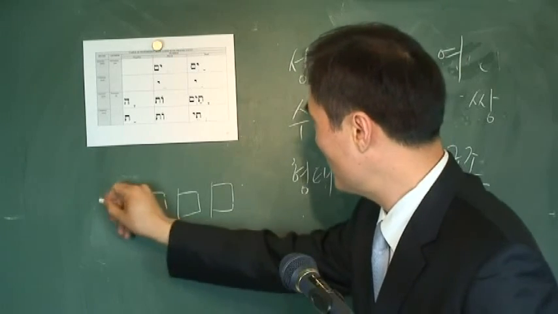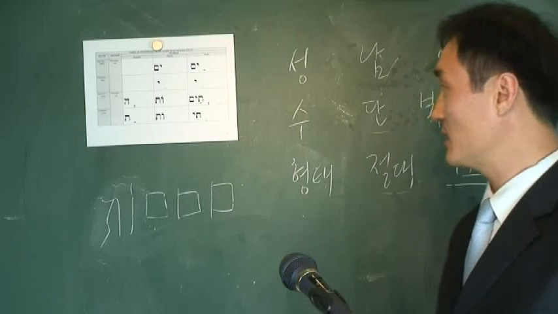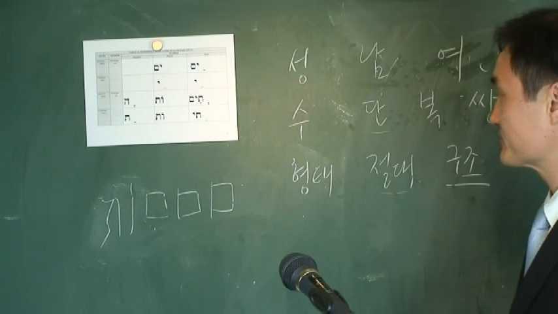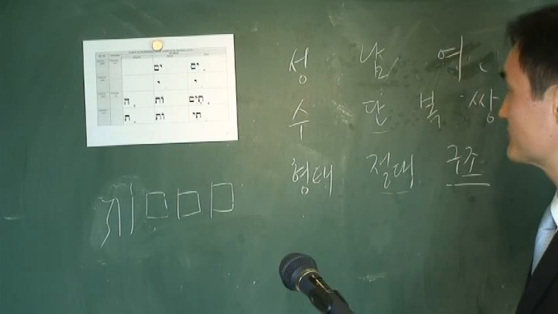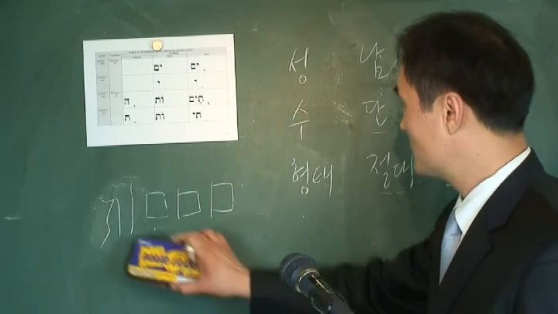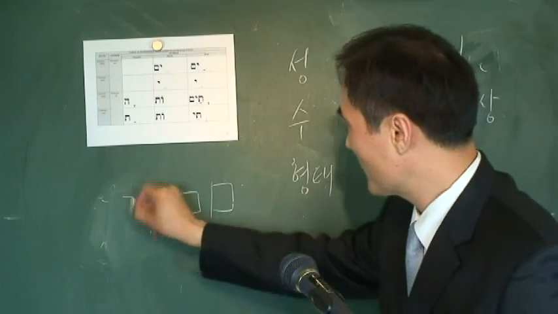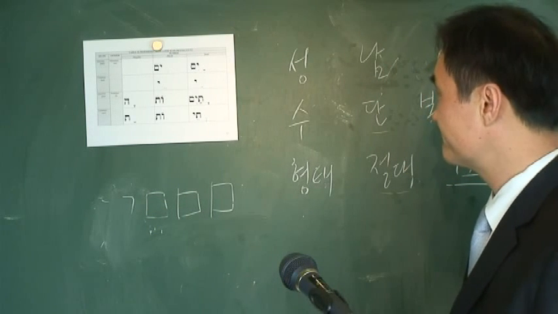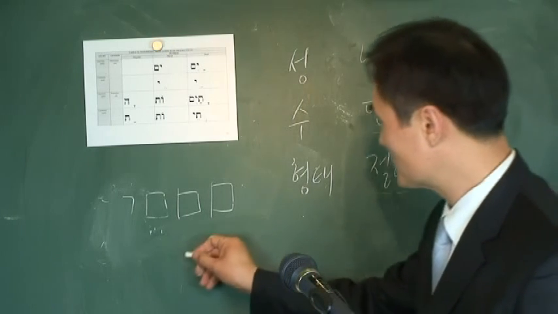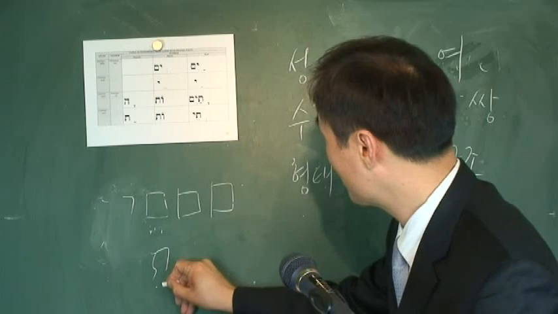Next, the feminine plural construct form. This is ot, which is made up of holem vav and tav, and it is the same as the absolute state. Lastly, for the dual, the masculine is ey, and the dual feminine is tey.